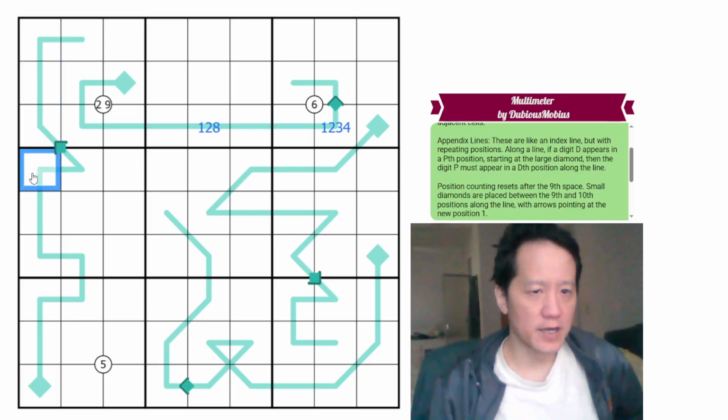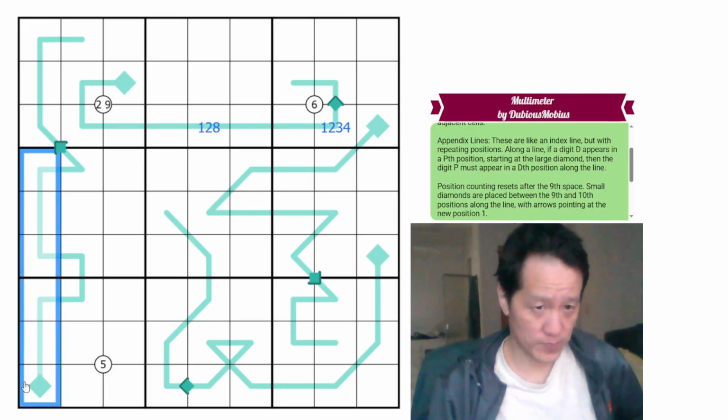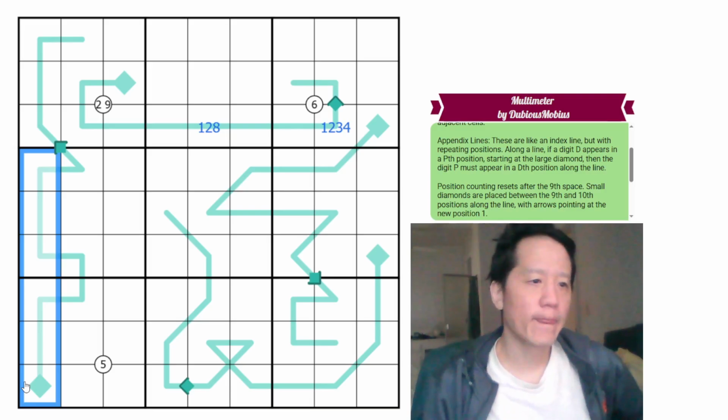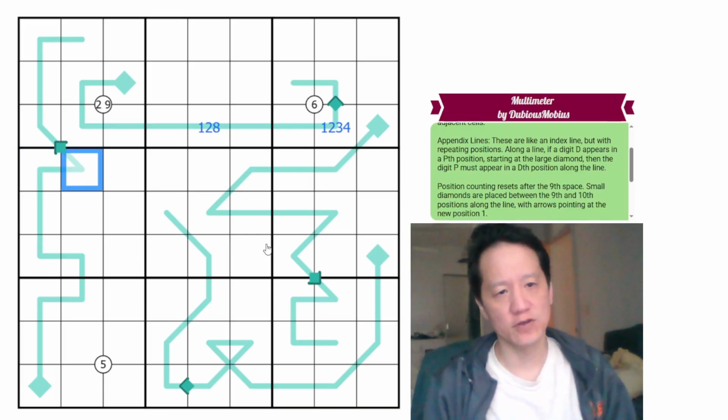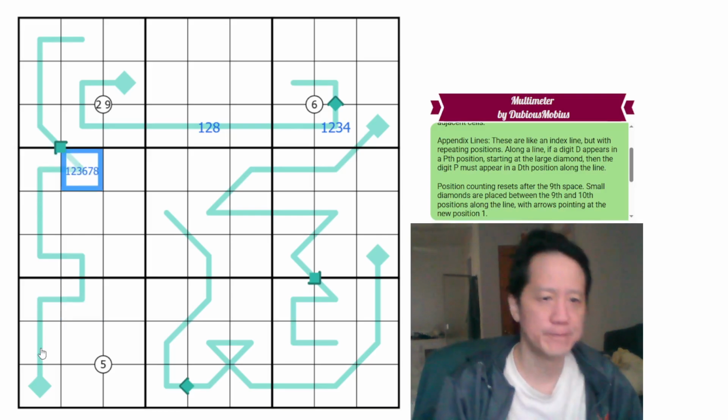That means the 9 has to be one of these 6 cells. And since it's one of these 6 cells, it could be 1, 2, 3, no 4, no 5, or 6, 7, 8. So this is specifically 1, 2, 3, 6, 7, or 8 for the 9.